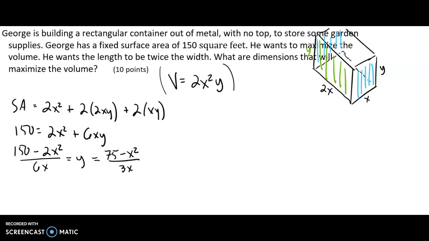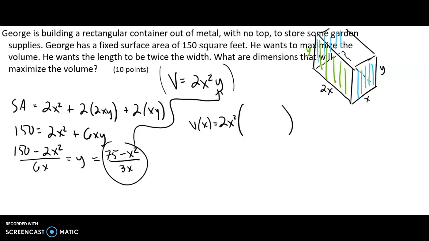Factor out a 2, and cancel those out. So then this goes here. Now my volume is simply a function of x: 2x squared times 75 minus x squared, all divided by 3x. One of those cancels out with that.